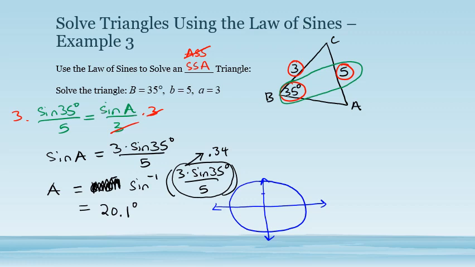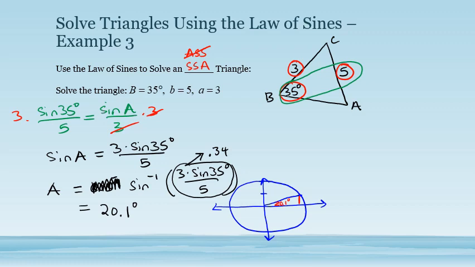Well, sine are my y values. There's 1/2. So 0.34 is going to be about here. Okay, and when I say about right here, I mean the sine is about right here. That height is 0.34 that I've written in red. And this is making sense that that is 20.1 degrees.